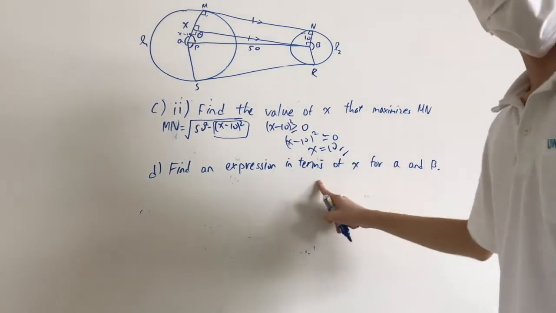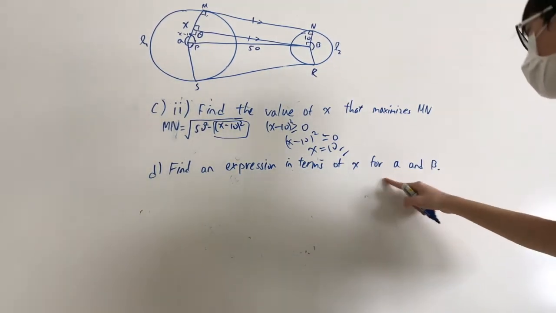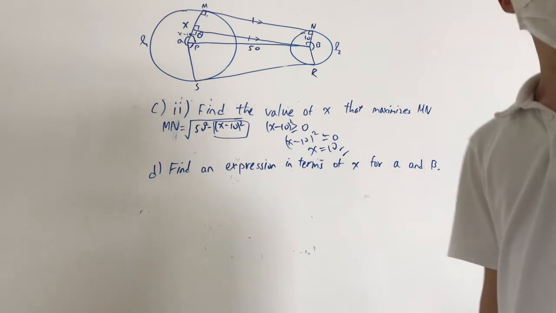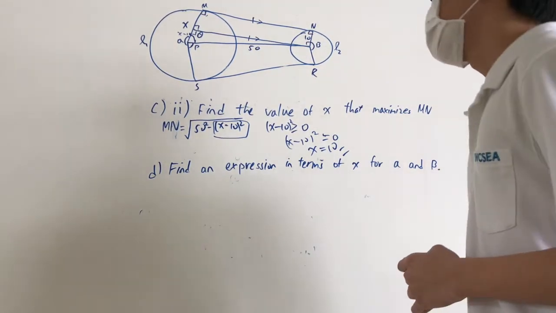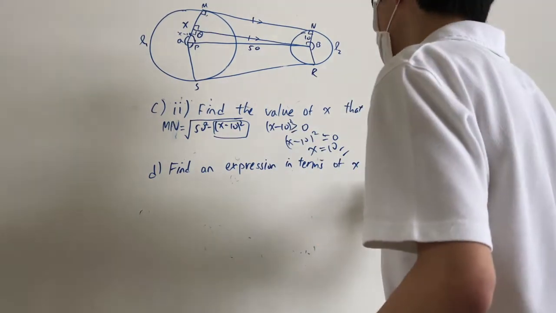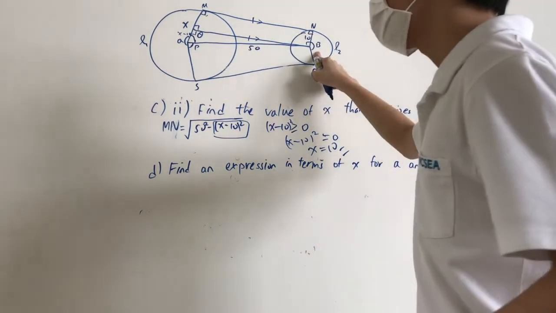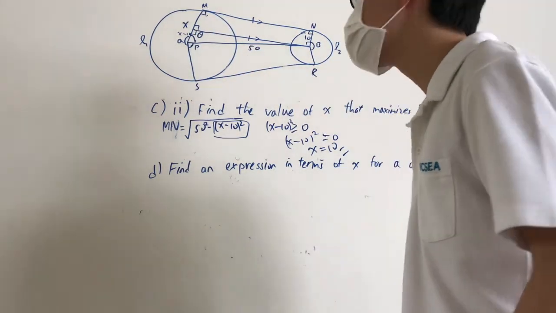Now, for the next part, which I think is the most difficult part of the section, we have to find an expression in terms of x for a and b. This requires some inverse trigonometry. In order to do this, we have to write a and b, which are these two angles, in terms of the radius of the larger circle.